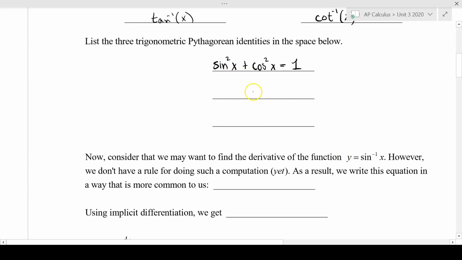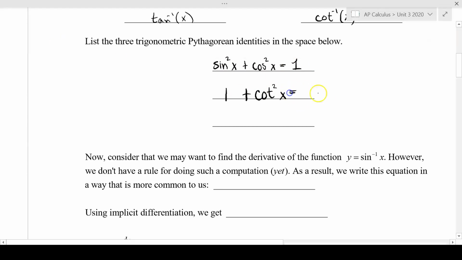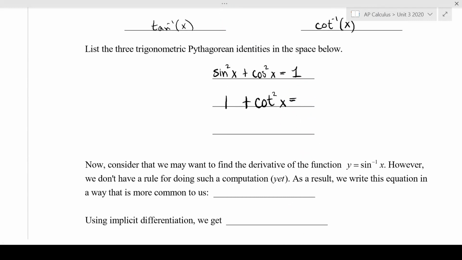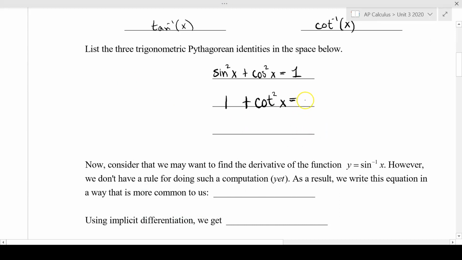So let's divide both sides by sine squared, and that'll give me cosine squared divided by sine squared, which is cotangent squared, plus 1 over sine squared, which is cosecant squared x.